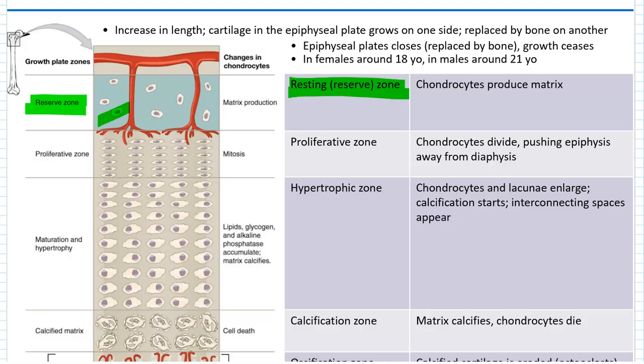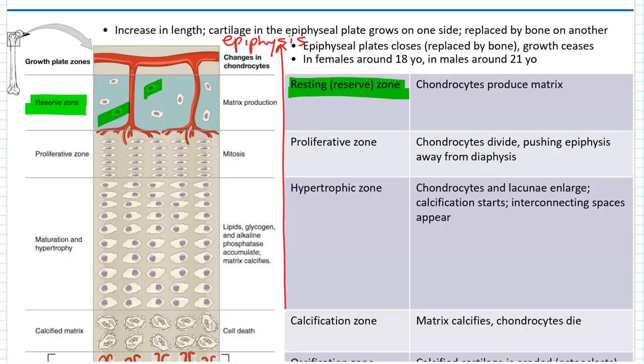These cells are chondrocytes, and what they do, they produce matrix. I want you to pay attention to the orientation of this. Look, that way is epiphysis.